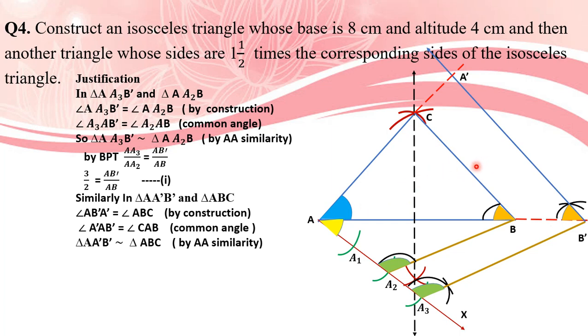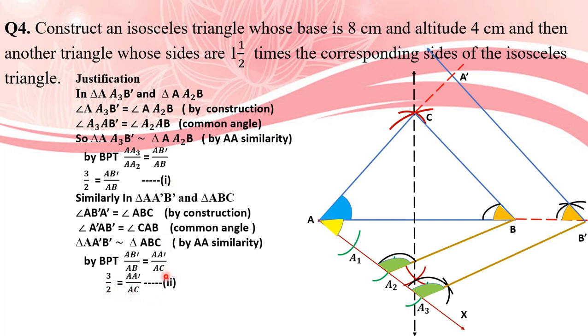So by AA similarity, again the triangles are similar, and by the BPT we can write AB dash upon AB is equal to AA dash upon AC. As by equation number 1, AB dash upon AB is 3 by 2, so here also we get AA dash upon AC is equal to 3 by 2.